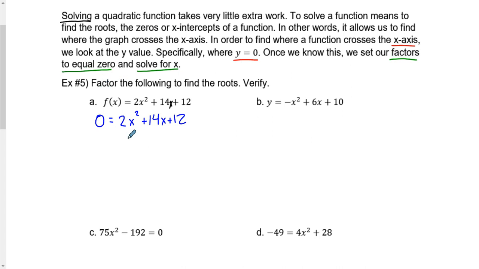So our first step to factoring, of course, is our GCF. So we factor our 2 out, being left with x squared, add 7x, add 6. This is a simple factoring now, which means we can simply go into our product sum. I'll leave it over here.